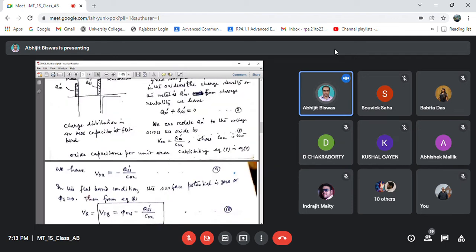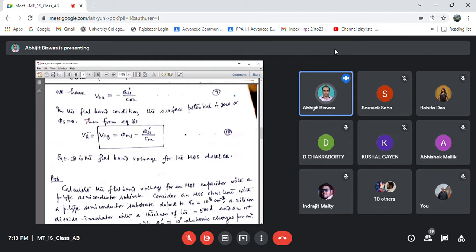So if we substitute this value in equation 7, then you will get Vox equal to minus Q'ss by Cox, just putting Q'm equal to minus Q'ss.